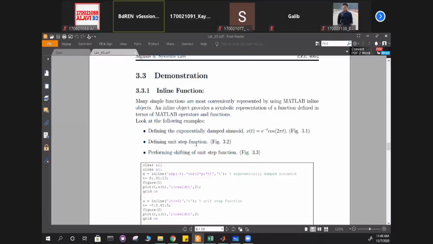Can you tell me what a unit step function is? How should it look? Have you heard the name unit step function? Can you define it? Sir, it will be like a constant straight line.